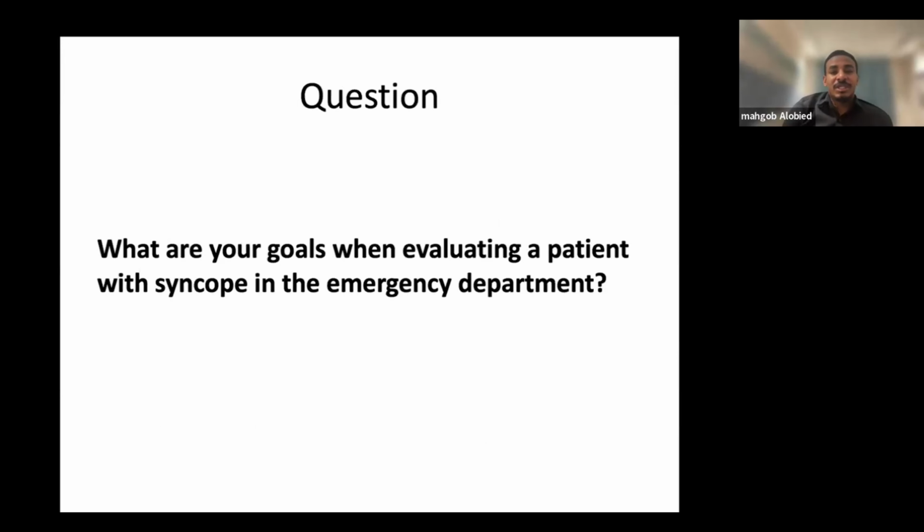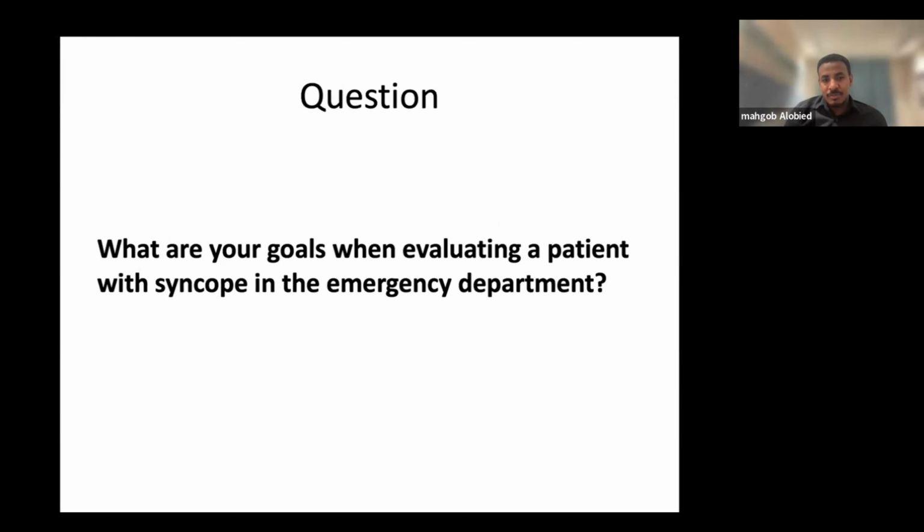So the first question that we will start with is, what are your goals when evaluating a patient with syncope in the emergency department? While you are approaching a patient with syncope, what do you want to reach after assessing the patient?